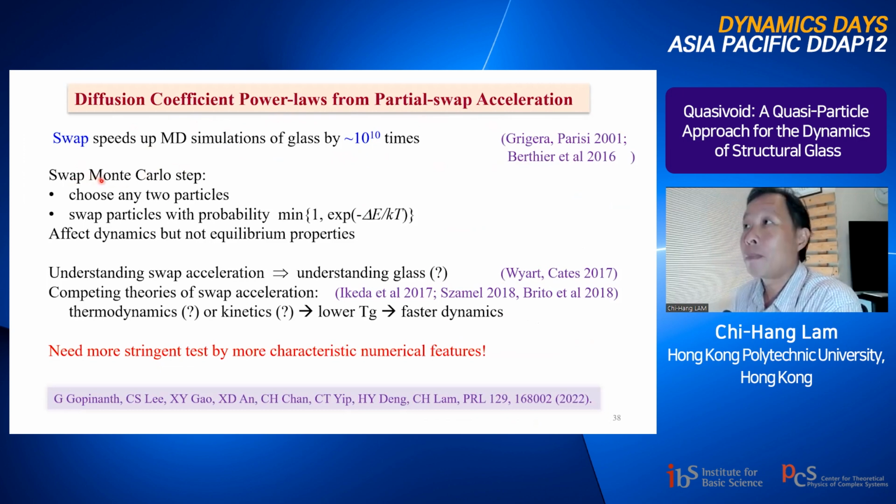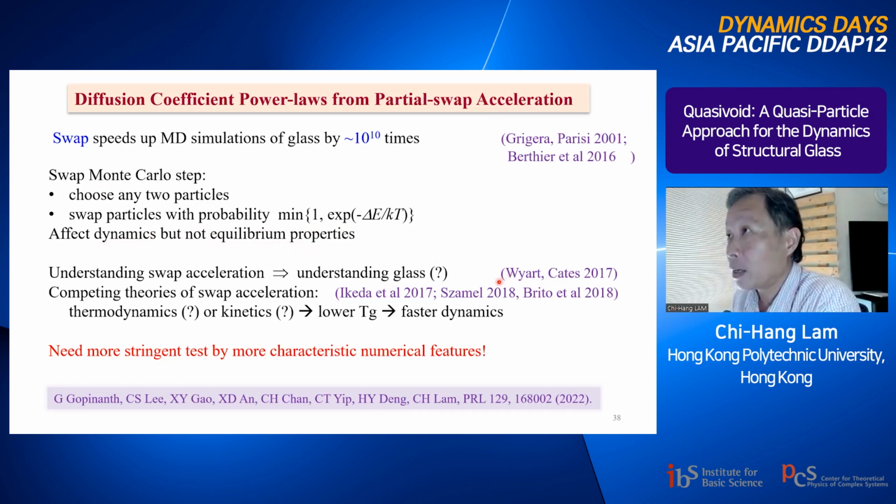So swapping particles is like this. We pick two particles and let them swap positions, with a probability in the Metropolis form, depending on the change of the energy of the system due to the swap. So it affects the dynamics, but it does not affect the equilibrium properties.